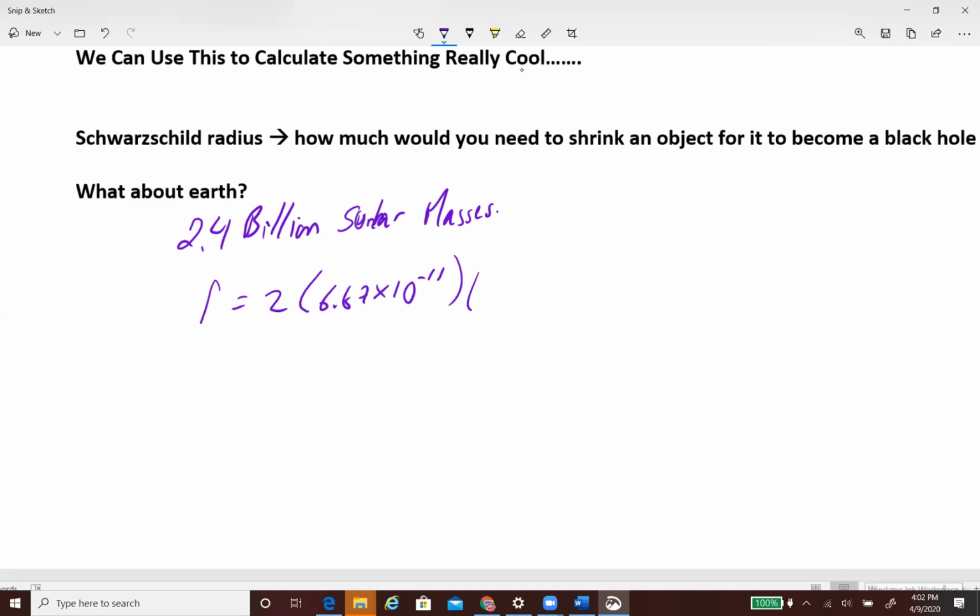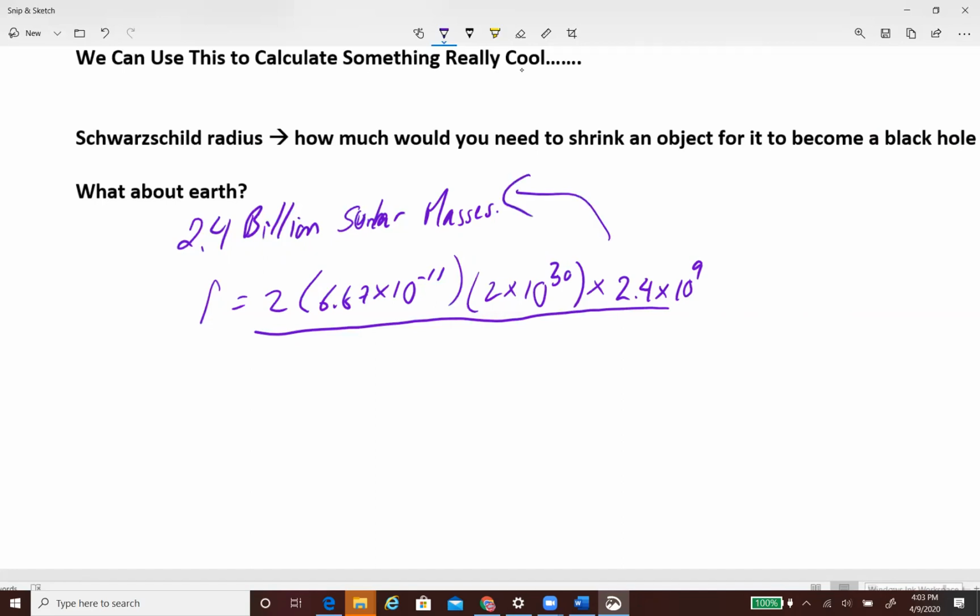All you would do is take 2 times G times the mass of the sun times 2.4 billion, because it's 2.4 billion times heavier than the sun, and divide that by c squared.